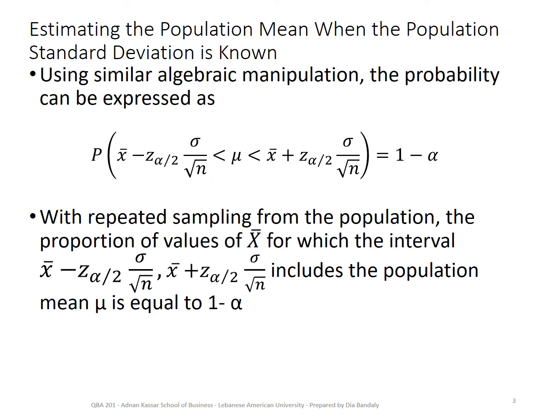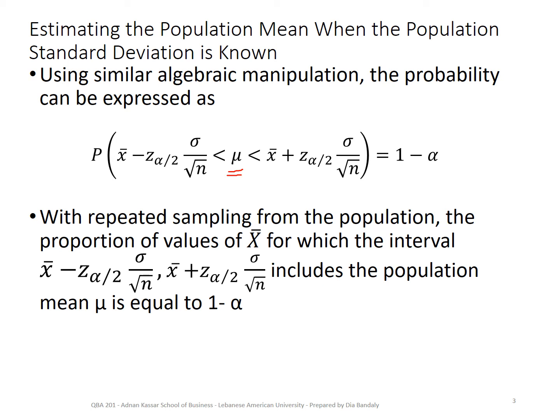All right, so hopefully you have understood very well what we did so far, and as I told you, doing exactly the same kind of algebraic manipulation, you will end up with a probability statement where I have mu in the middle. And you can guess why I want this, not x bar in the middle, because we want to find an interval for mu, not for x bar.